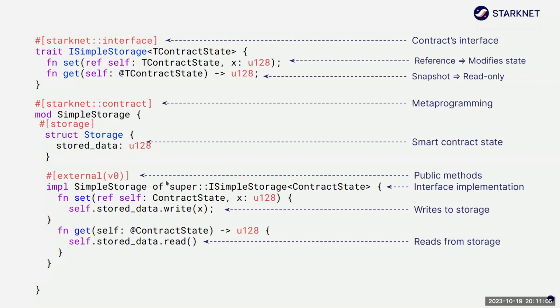If it is defined outside, you have to import the trait inside the project. As you write smart contracts, you come to understand how modules work and how you import files into your project. So you have the trait ISimpleStorage, which defines a TContractState. You're referencing the contract state here.